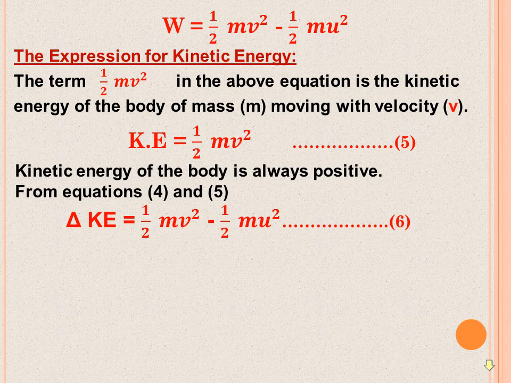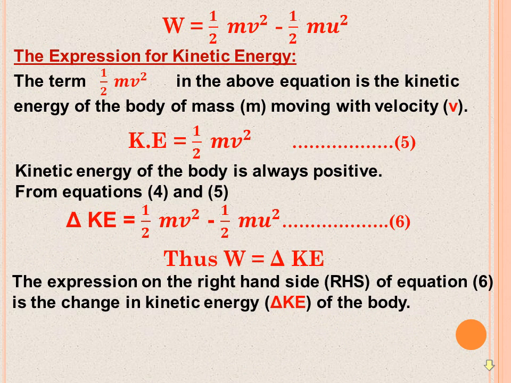Kinetic energy of the body is always positive, and from equations 4 and 5 we have delta KE is equal to 1 by 2 m v square minus 1 by 2 m u square. Thus W is equal to delta KE.